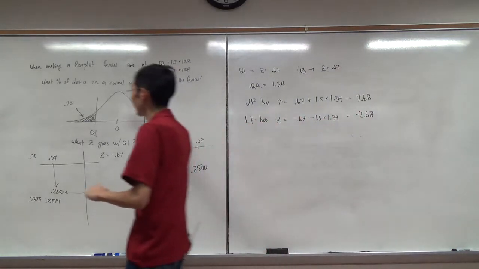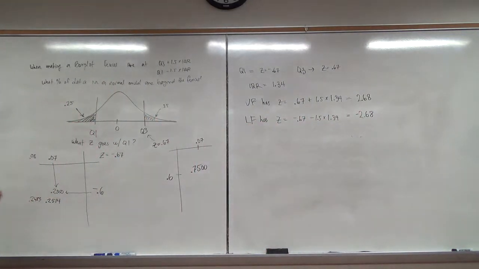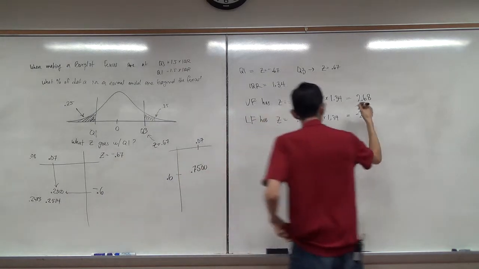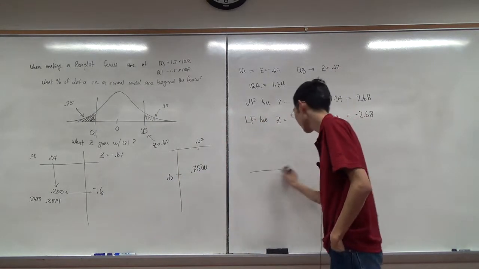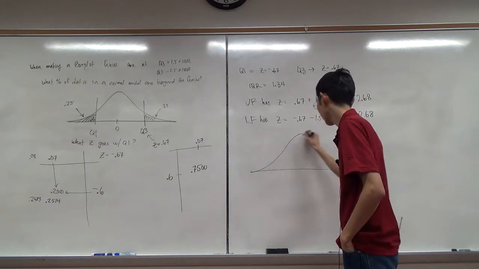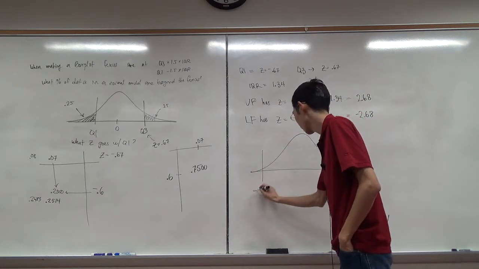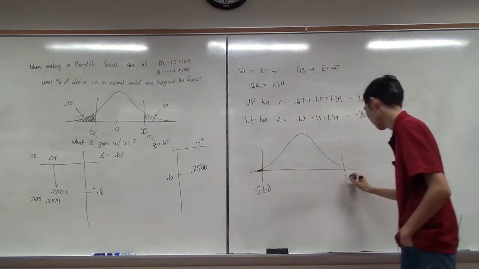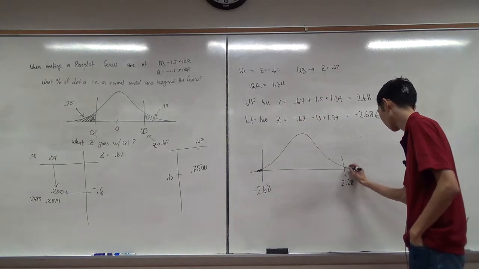And so now, to answer this question: what percentage of data in a normal model are beyond the fences, or would be flagged as outliers? I want to find the area to the left of negative 2.68 and to the right of 2.68. So how much is shaded over here and how much is shaded over here?